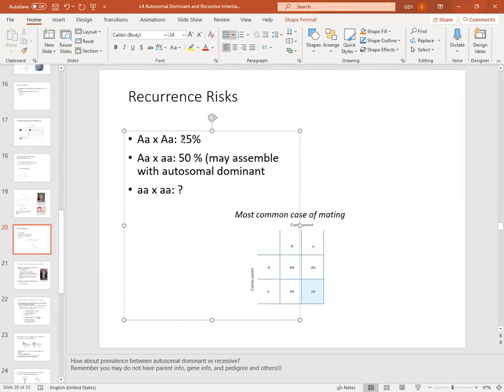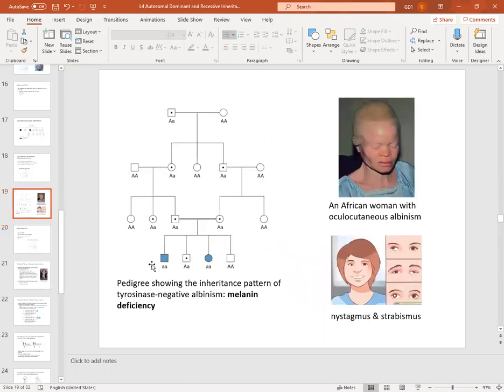So here, if the 2 parents are heterozygotes, there is a 25% chance to produce a homozygote of the disease form, small a and small a, and the next child will also have 25%. In this case, we had 50%. But if this couple has more children, it will get closer to 25%.